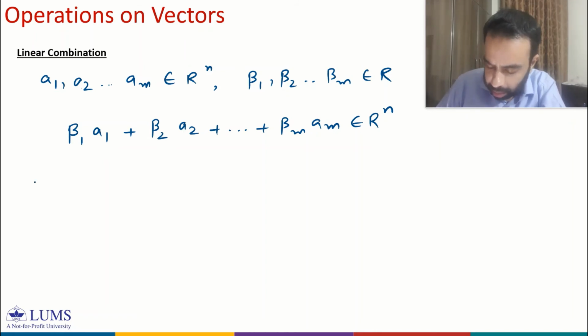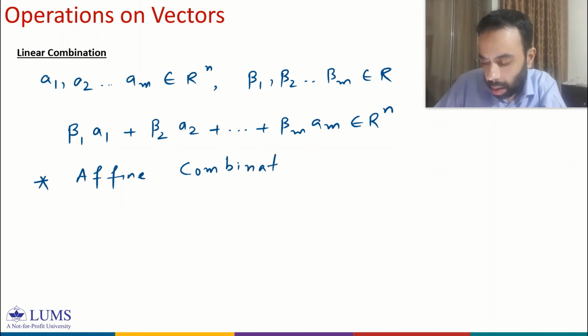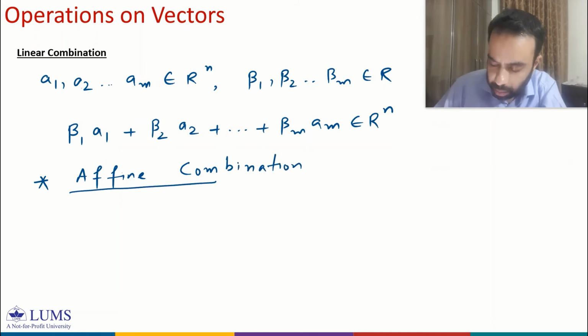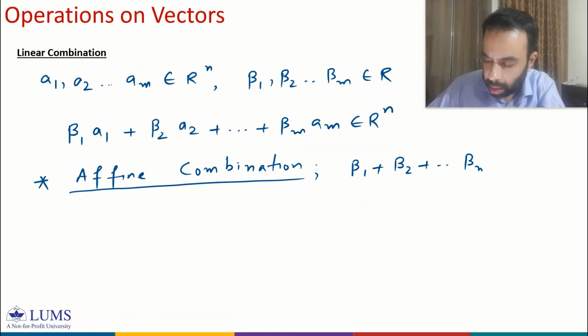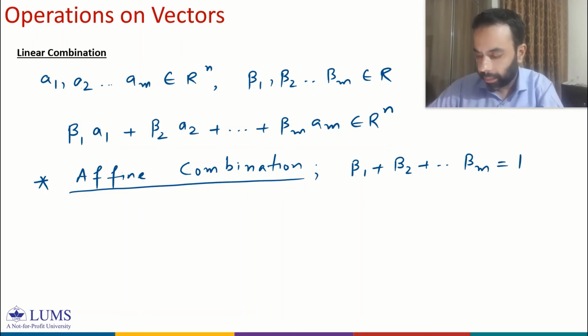Two special linear combinations that we'll use very frequently: one is affine combination. In affine combination, we restrict the weights such that the sum beta 1 plus beta 2 plus up to beta m is equal to 1, because beta can take any values, but the sum of these scalars should be equal to 1.